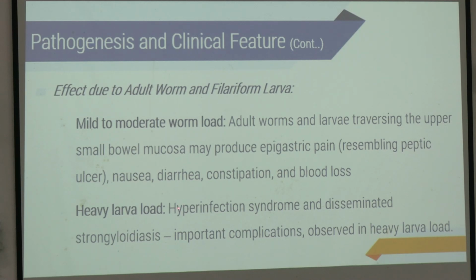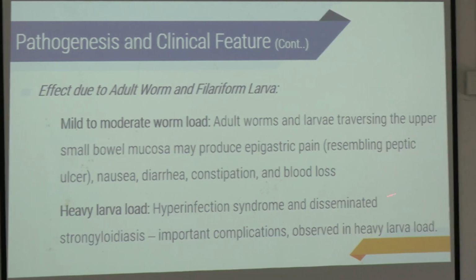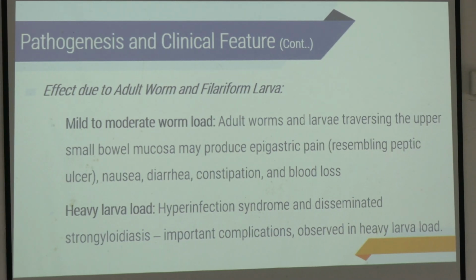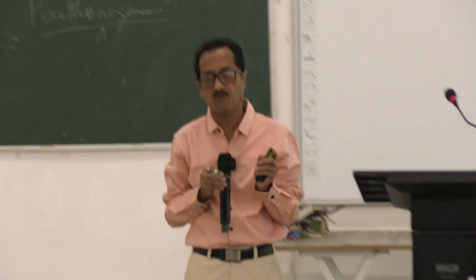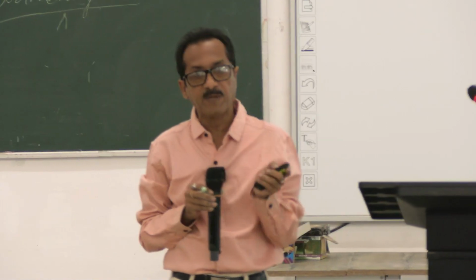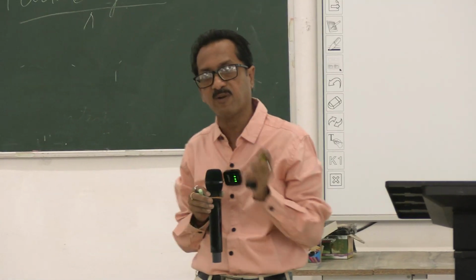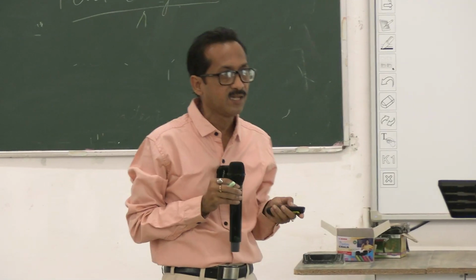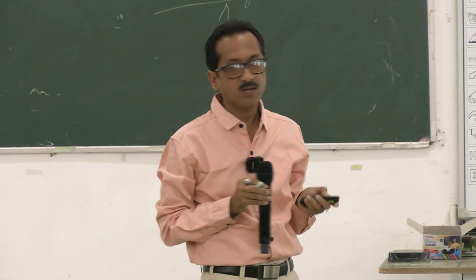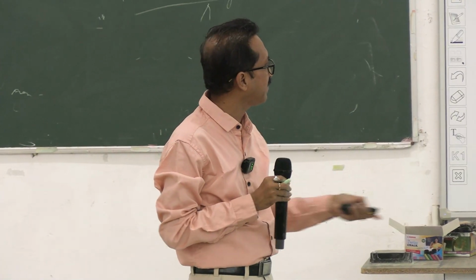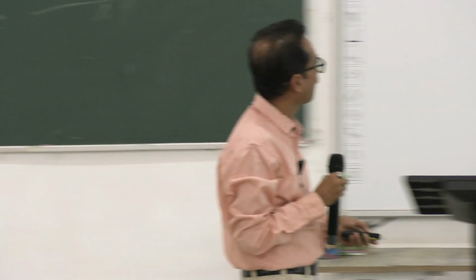A short note has come previously about hyperinfection syndrome and disseminated strongyloidiasis. Can anybody tell in which patient hyperinfection syndrome occurs? In which patient with some pre-existing disease does hyperinfection syndrome occur? Not in all patients.